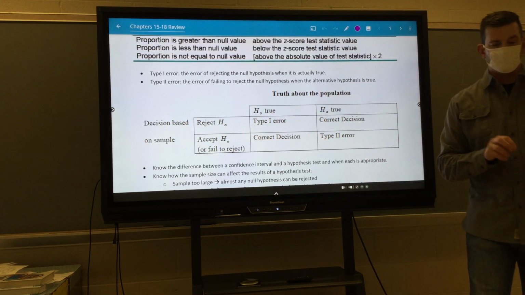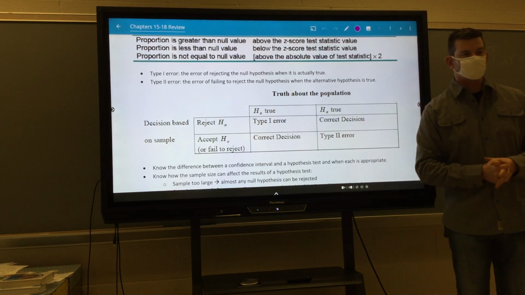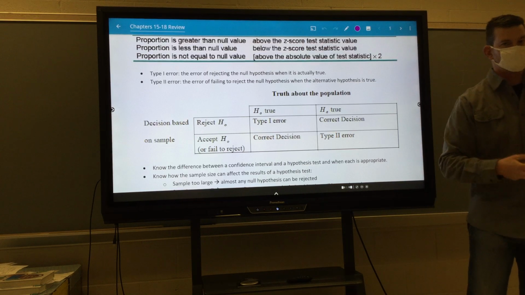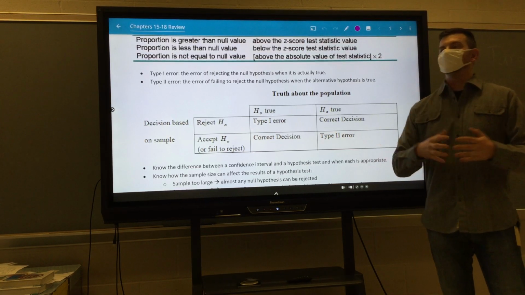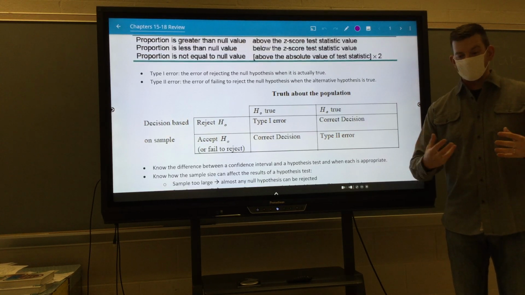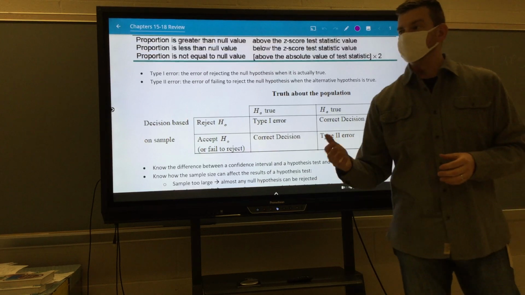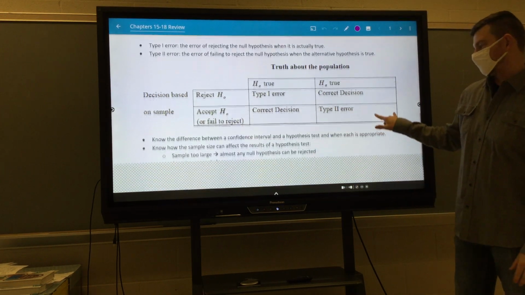Remember, we say the number of the error is the hypothesis that is actually true, but the results of your test led you to the other one. So you'll be asked to identify the possibility of, could I have made a type 1 or a type 2 error based off of the results or the conclusions from my test.